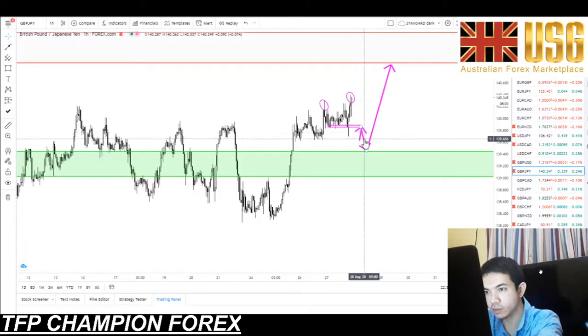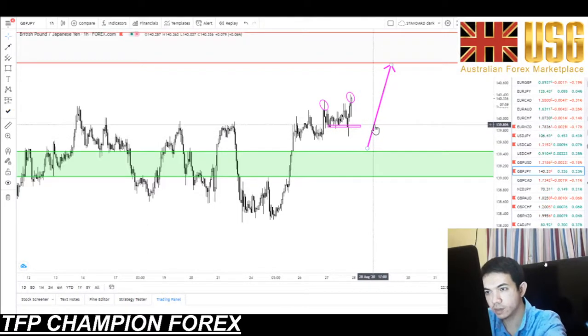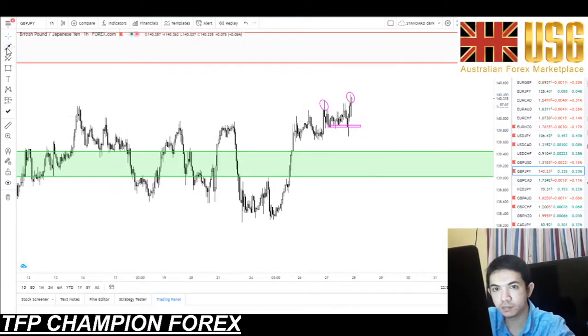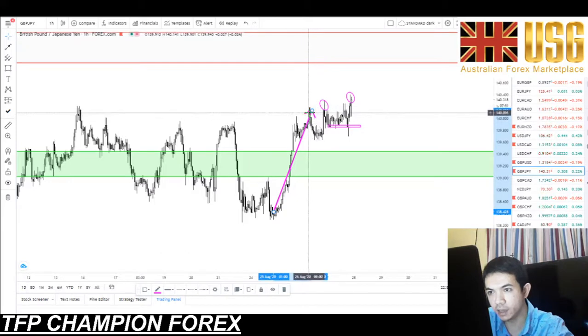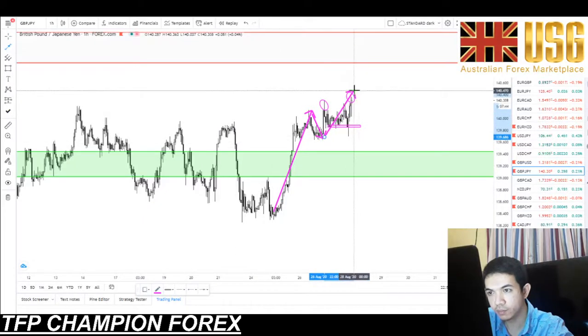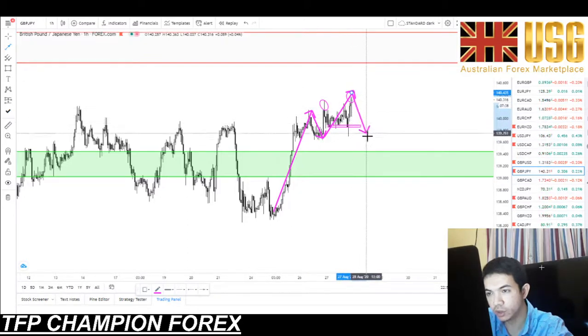I will just read the market structure. The price went breaking this level, forming what? A high and then a higher low, then what? A higher high again, and then what do you expect? A higher low.